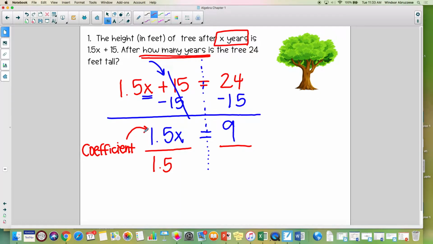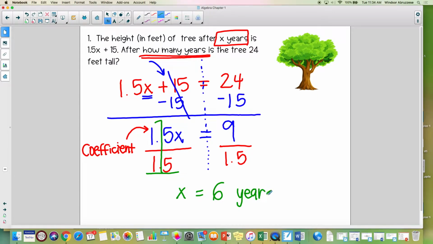I'm going to divide the right side by the coefficient as well. So 1 5/10 x divided by 1 5/10 simplifies to a 1, and I'm left with 1x equals 9 divided by 1.5, which is 6. And going back to your word problem, we want 6 years.